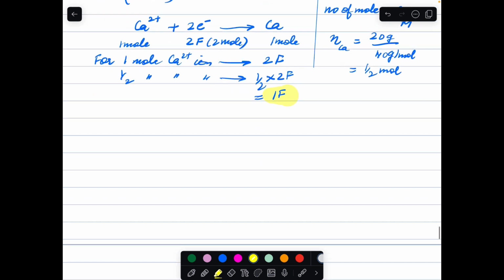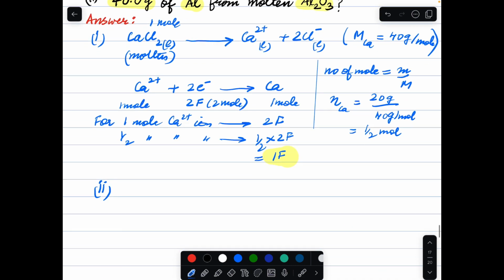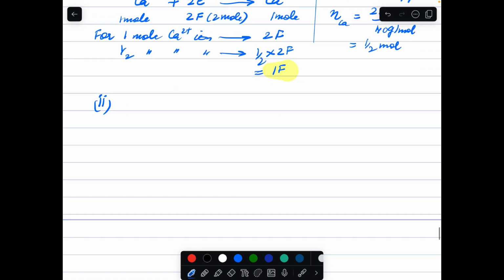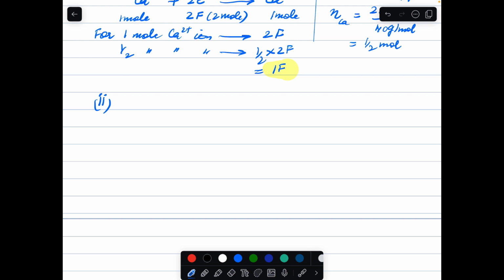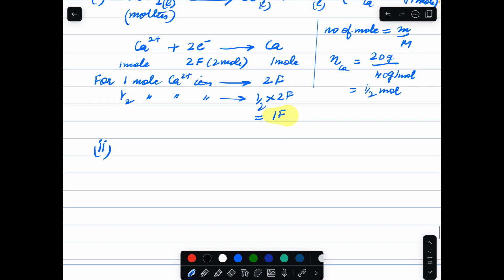Now come to the second part. In the second part, we have 40 grams of aluminium from molten aluminium oxide. So we have aluminium oxide, and we will write down the first equation.